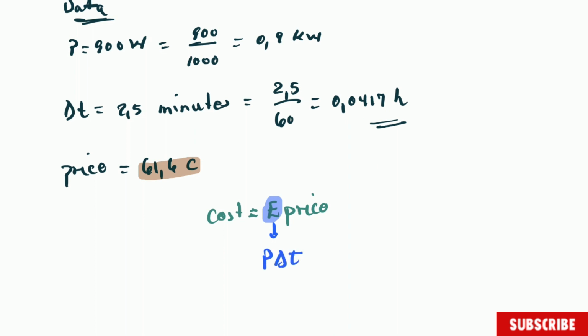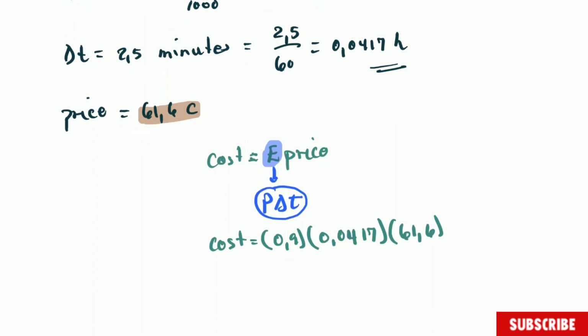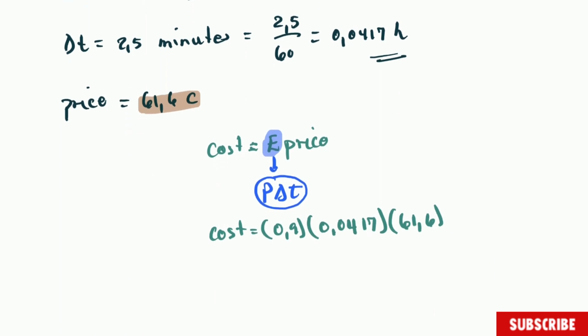So if we substitute everything there, we don't have to do two calculations separately. It will be that the cost is equal to power, which is 0.9, multiplied by the time, which is 0.0417, multiplied by the price, which is 61.6. Remember, we're working with cents in this case, so the answer will be in cents.